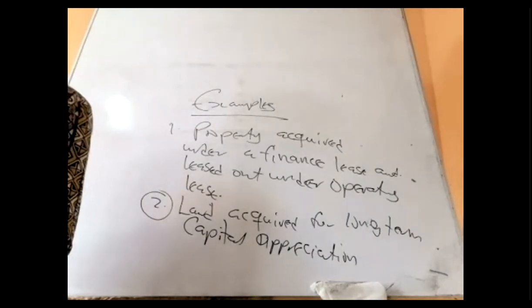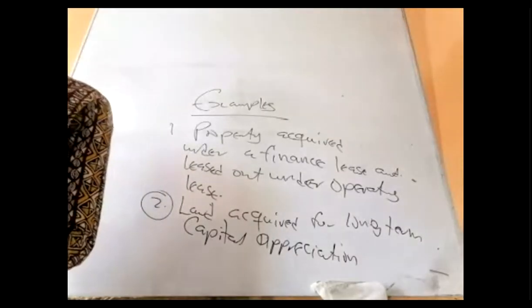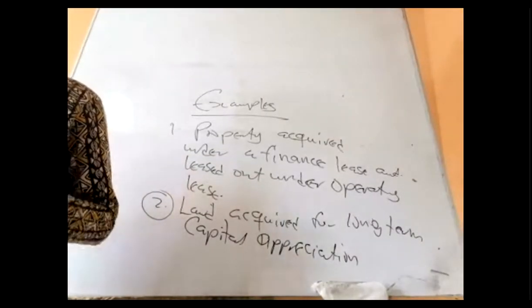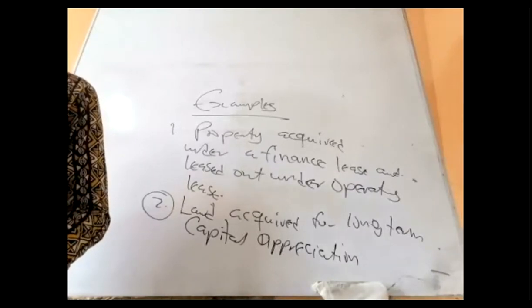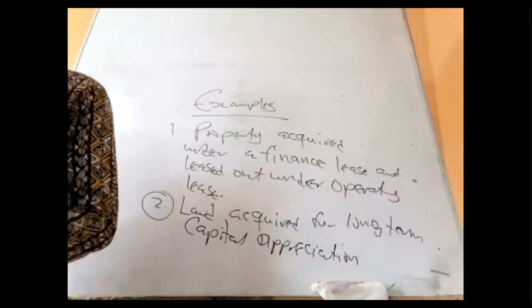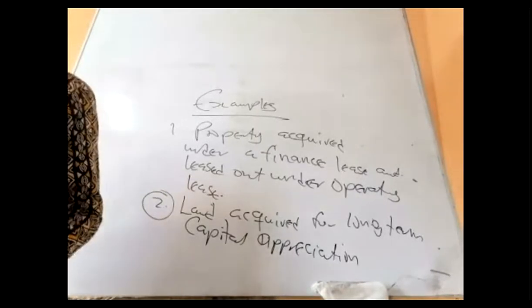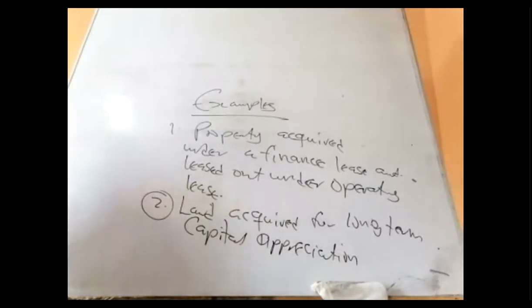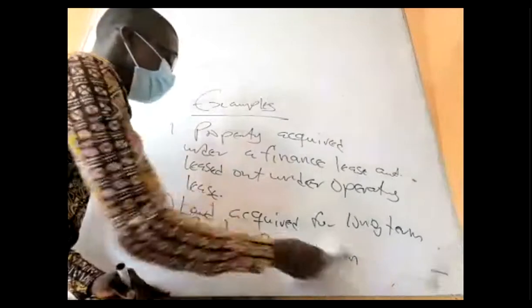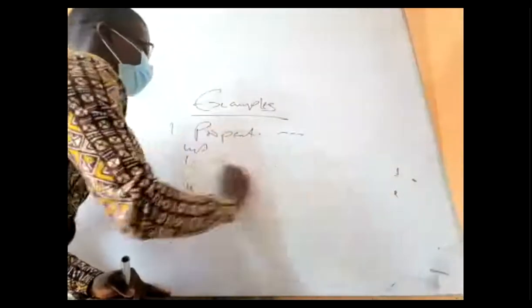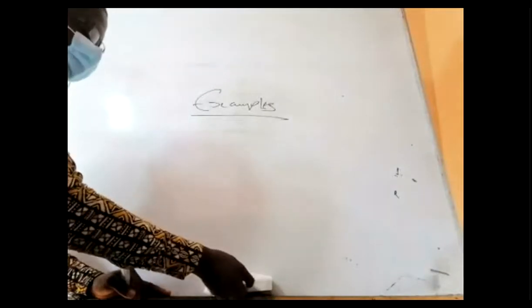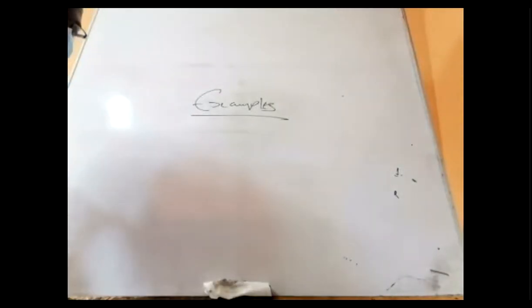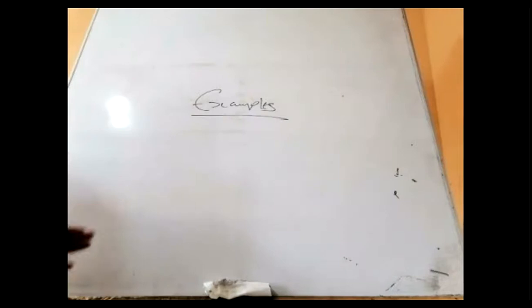Owner-occupied means the owner is living in it, so it is acquired to be used either for administrative purposes or for production purposes. So any property like the head office complex should not be classified as investment property.